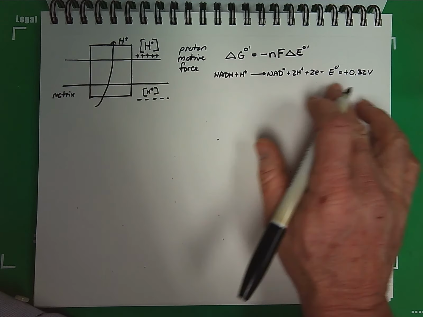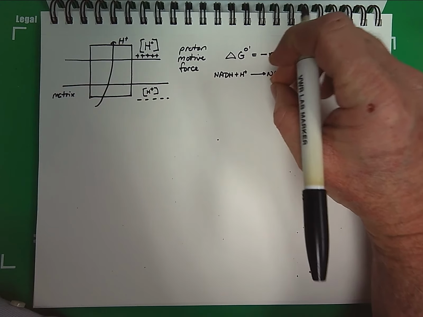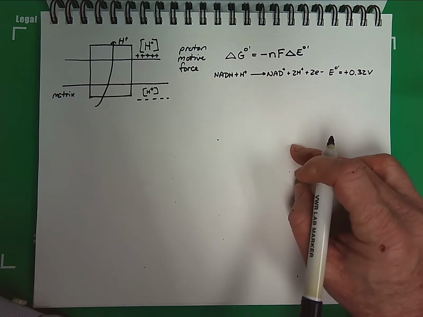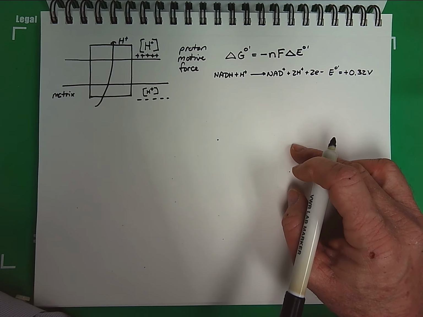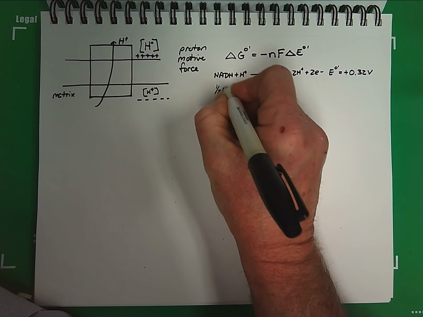Now, if we want to examine the entire electron transport chain without concerning ourselves with each intermediate step, all we have to do is go to the very end reaction, which is the reduction of oxygen.